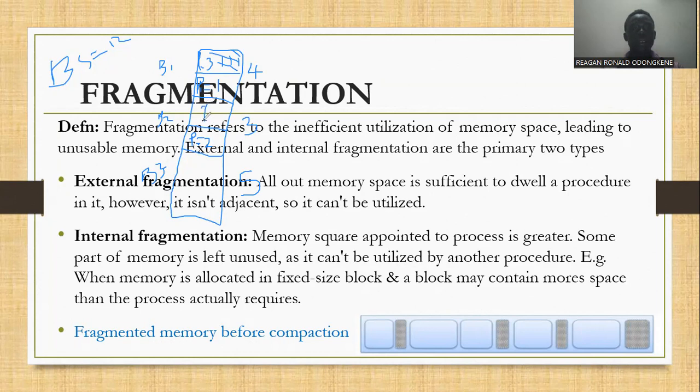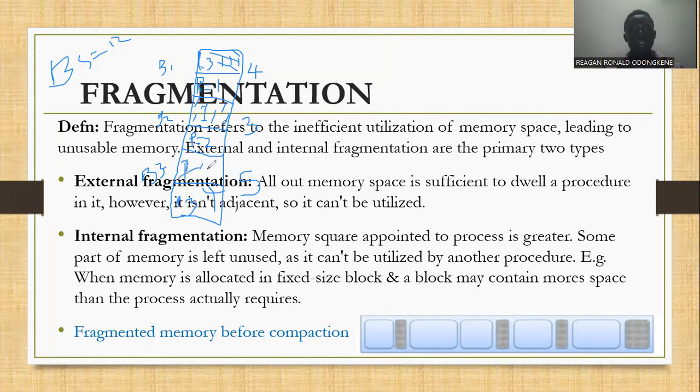And then for block B3 of size 5, we have process P3 using a memory of 4 MBs, causing still internal fragmentation of 1 MB.